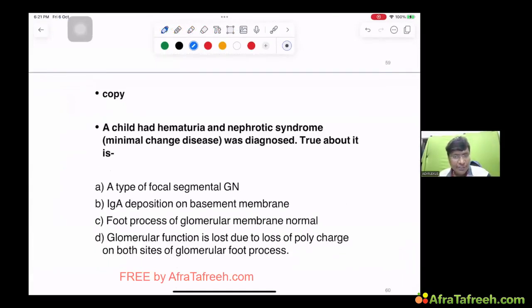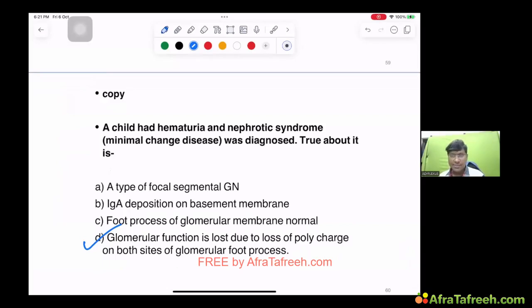Child had hematuria and nephrotic syndrome was diagnosed. What is the true statement about this? Right, very good, Kamalanathan. So the glomerular function is lost due to loss of polyanionic charge on both sides of the glomerular foot process.